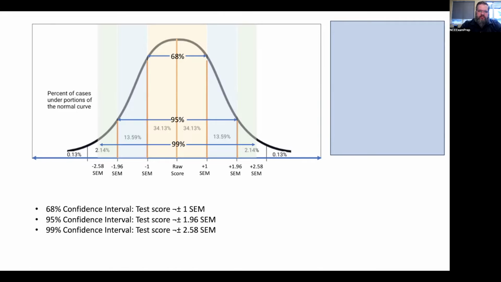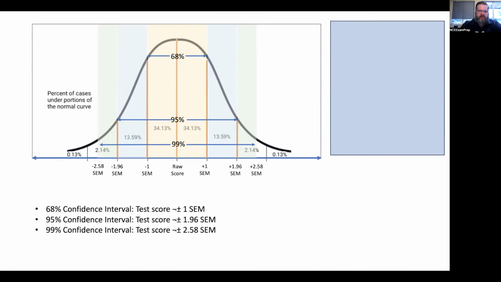But essentially with standard error of measurement, we're trying to look at the reliability of a given score actually happening on a test. And so if we were to look at standard error of measurement for the NCE, for example, we might ask, what's the likelihood that someone's score is going to fall in a certain range?